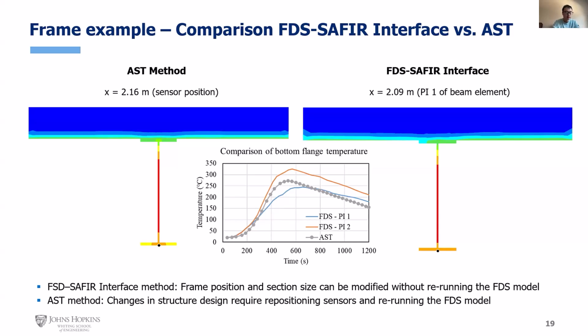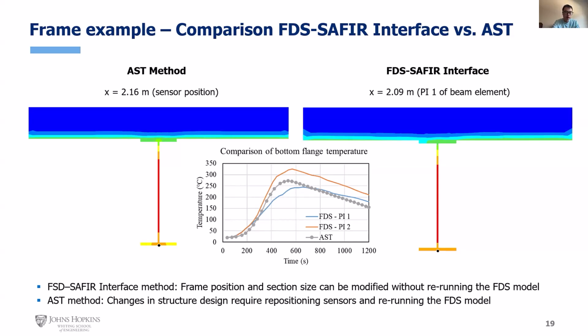But in the AST method, for the same beam element, the 2 points of integration have the same boundary condition, so we see the same response at the 2 points of integration. But overall, the AST method agrees well with the interface method, and the extracted temperature in the AST is between the 2 points of integration of the interface method.